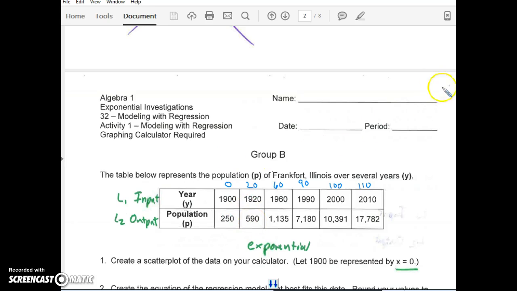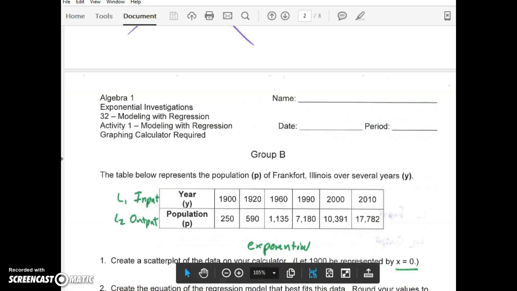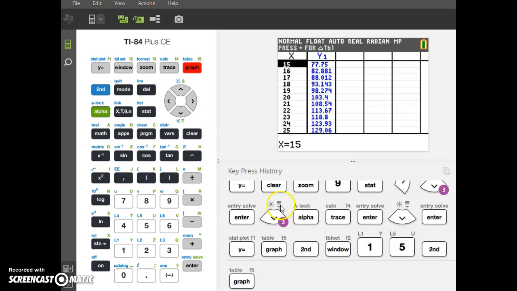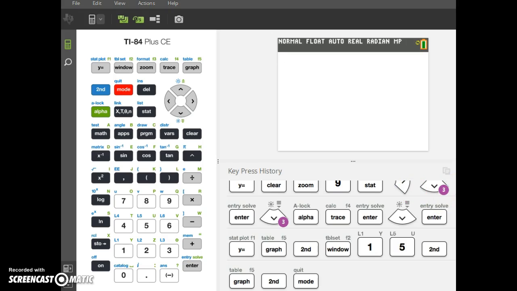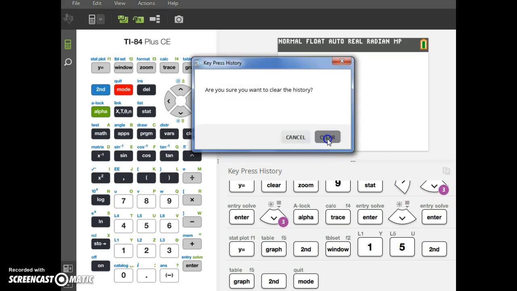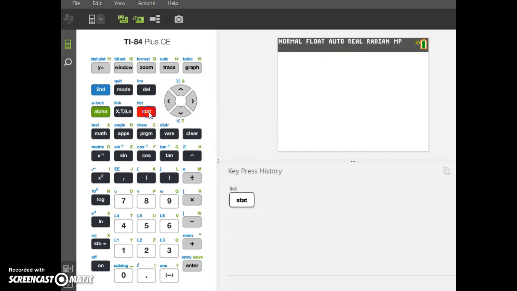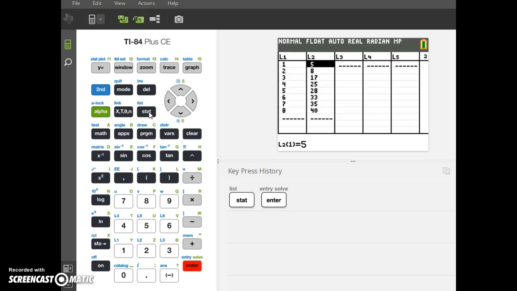So let's go ahead and do that, and we'll see that it is clearly an exponential model when we actually do this. So let's go back to the calculator. I am going to clear out of here, and I'm going to clear out our keystrokes. All right, go to Stat and Edit, and enter our data in. So let's clear this out first.